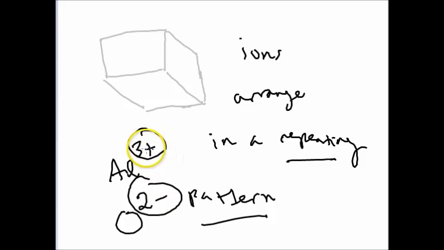So because of that, in order to maximize the attraction in between the ions, in other words, in order to minimize the distance in between the positive ions and the negative ions, they all have to line up in a pattern. So this could be the oxygen, this could be the aluminum, this could be the oxygen, this could be the aluminum. You see that? They're lining up in this pattern.